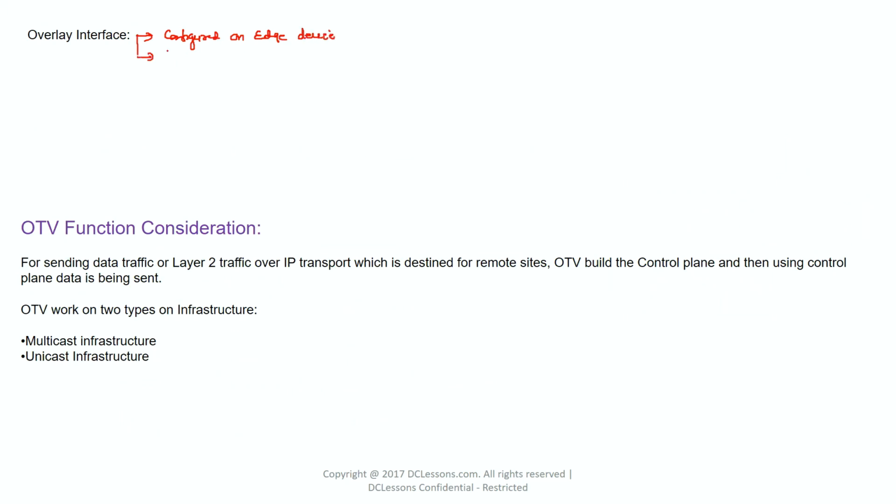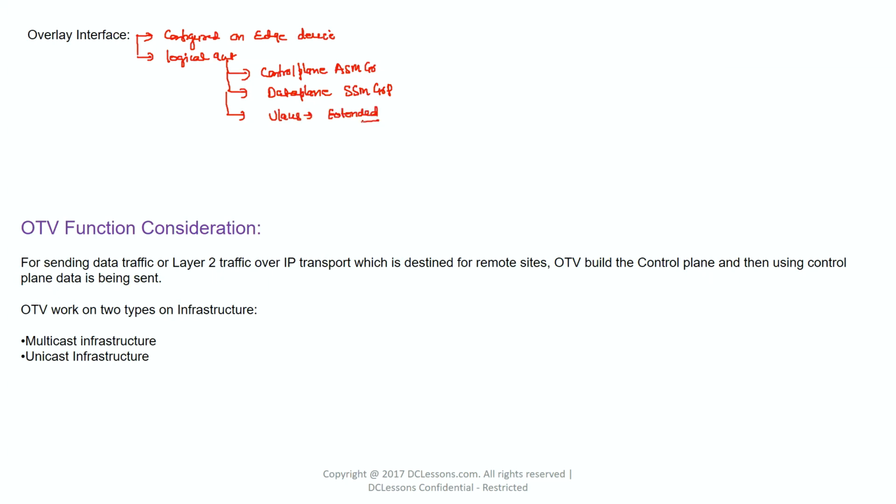It consists of the control plane information, the ASM group for the multicast infrastructure, the data plane SSM group for data plane traffic, and the VLANs that have to be extended.